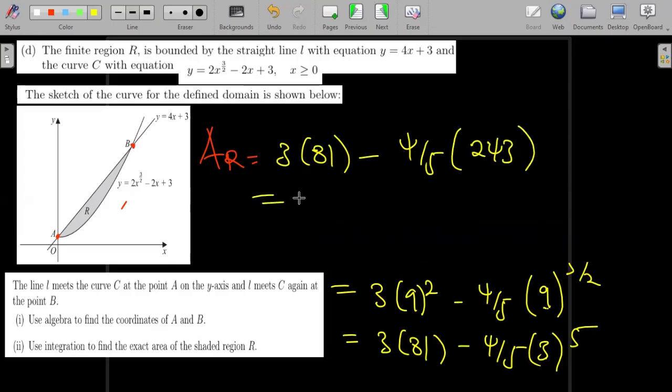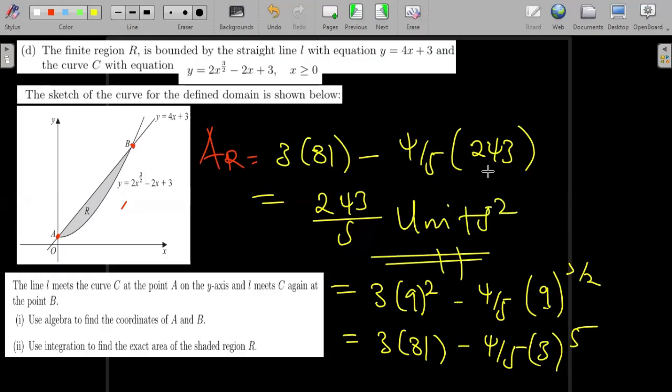And then here now we can just punch this directly into the calculator. Okay, it's giving me 243 over 5. And since it's area, it will be units squared. All right, so we are done with this question.